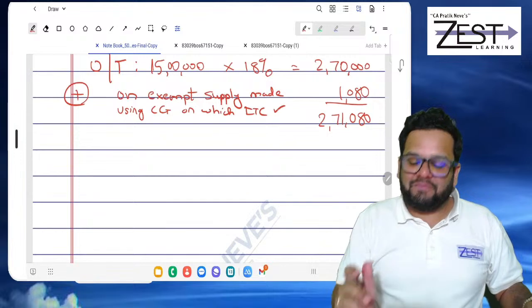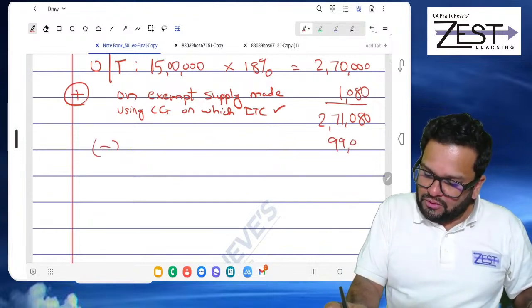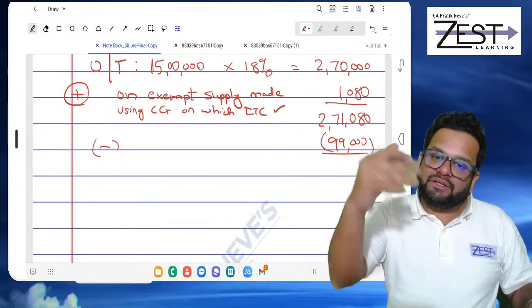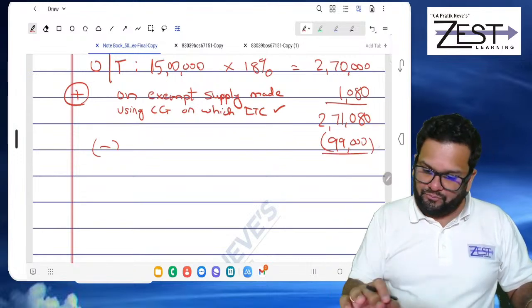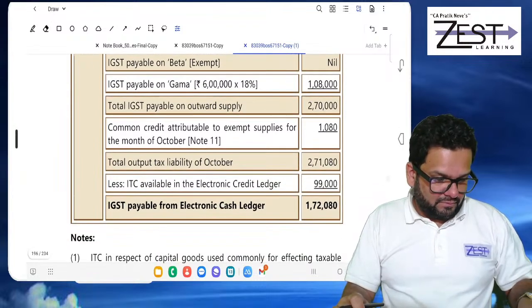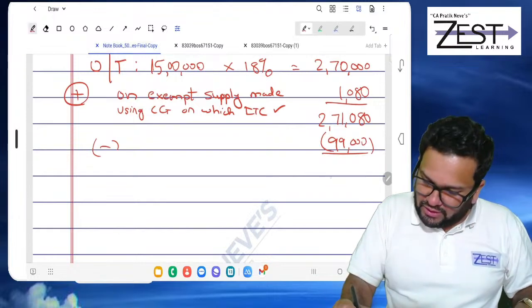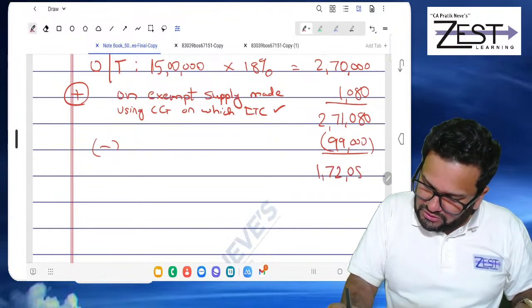So you have to add it back. So from 271,080, now you take ITC of complete 99,000. So what is that? You are getting 172,080. Are you getting 172,080?